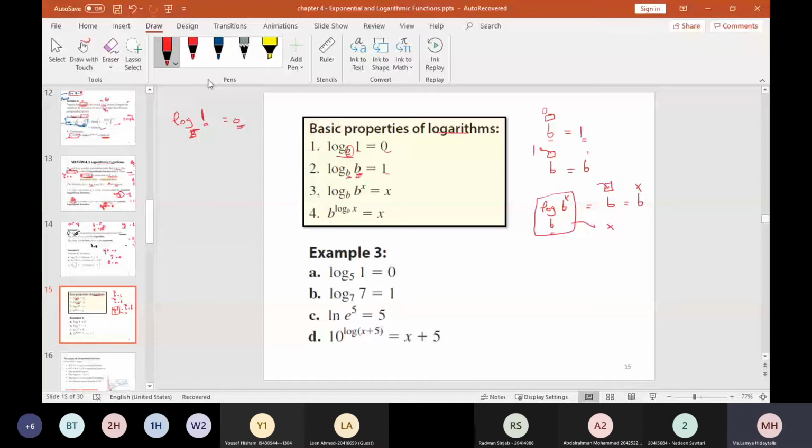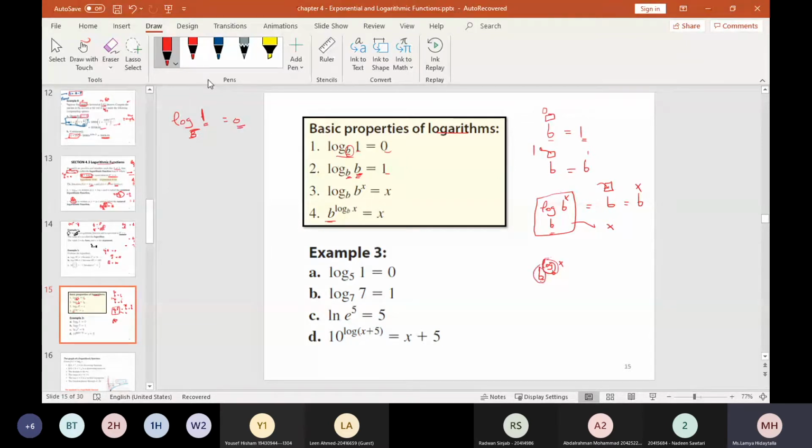Now this one. We know that the exponential function and the logarithm are two opposite operations. So we have b raised to the power logarithm x to the base b. We have the exponent of b and the logarithm to the base b.